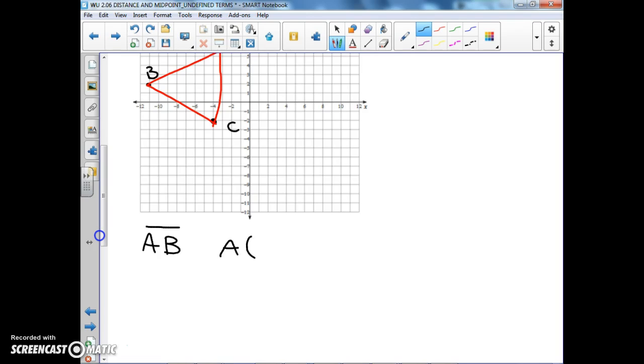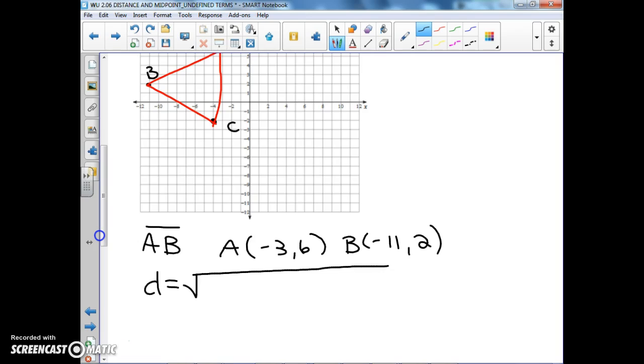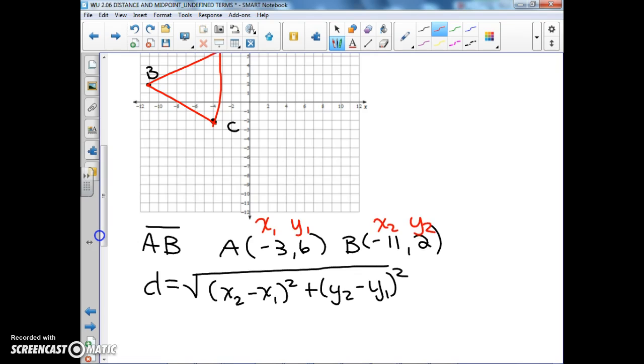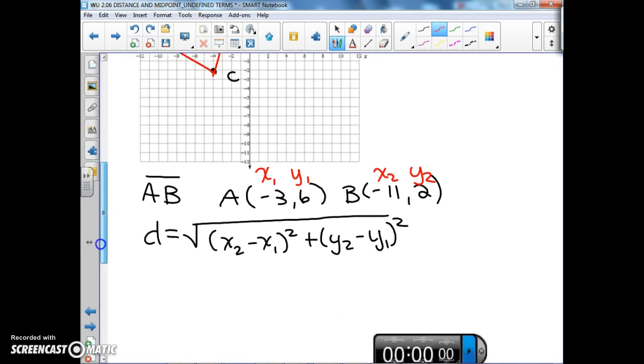A is at (-3, 6) and B is at (-11, 2). So I'm going to plug those into the distance formula. My distance formula is the square root of (x2 minus x1) squared plus (y2 minus y1) squared. Before I plug them in, I need to label my parts: x1, y1, x2, y2.